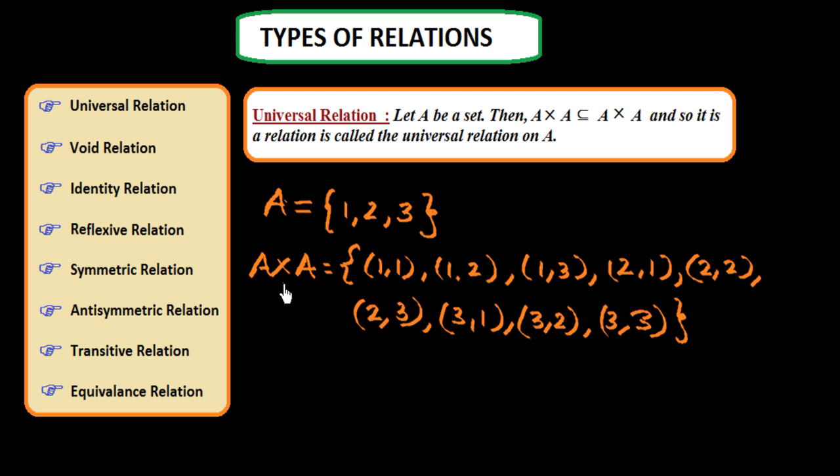This is our A cross A, which is called the universal relation, because all the relations of each element are there. So it is called the universal relation.